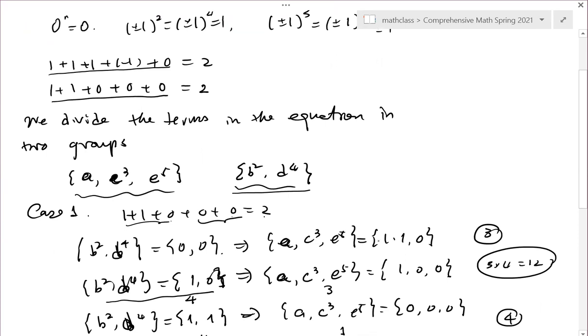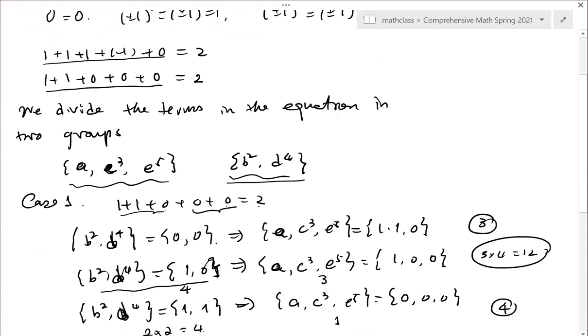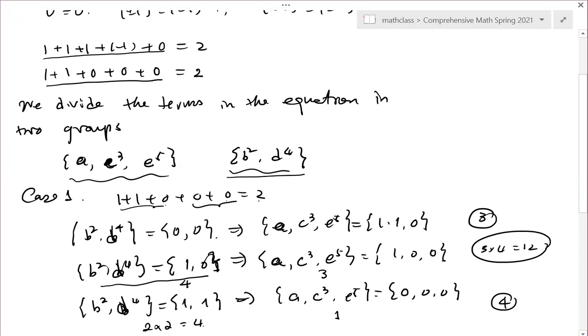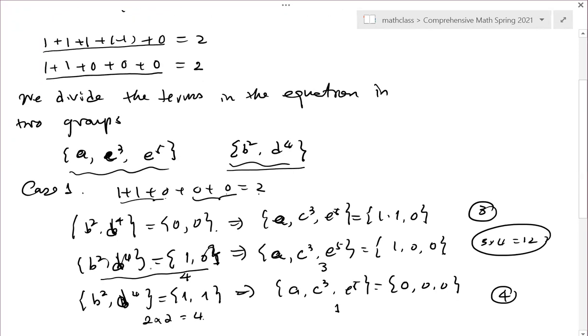Or you have B squared D to the 4th power be 1 and 0. I don't know which one is 1 and which one is 0, so we just use this notation to mean a group. The order doesn't matter.